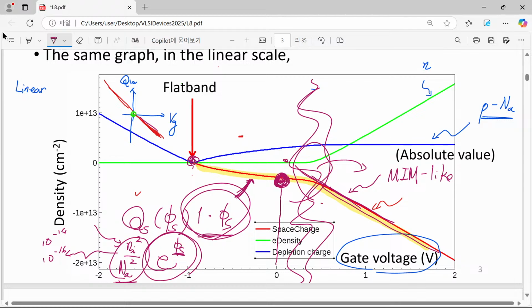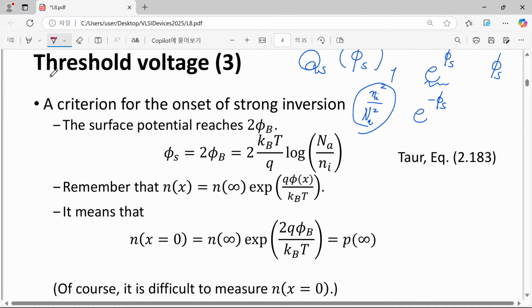So that is the onset of a new era called strong inversion. So usually threshold voltage is regarded as the boundary or the voltage where strong inversion occurs. The onset of strong inversion is usually regarded as starting at the threshold voltage.